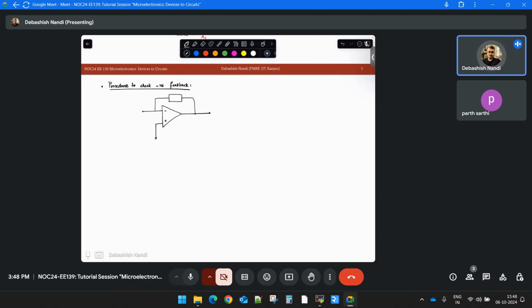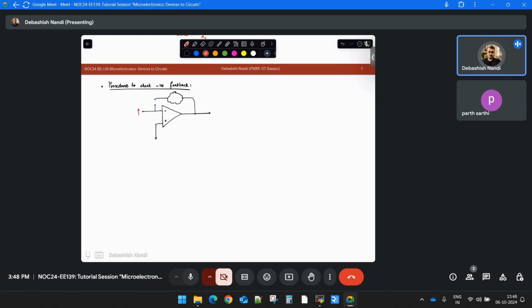It can be anything, so let us use this symbol. So first, you need to break the loop.